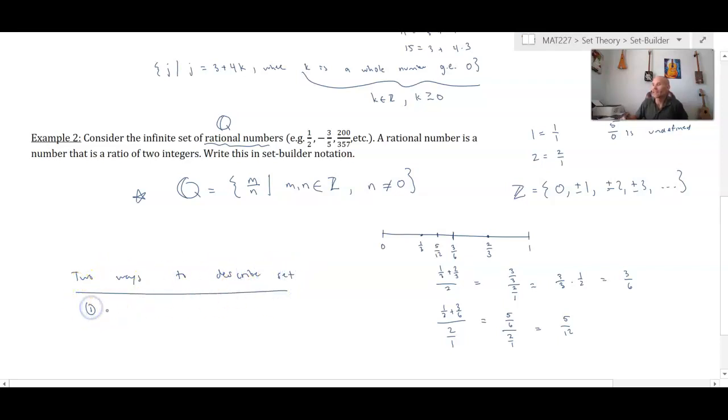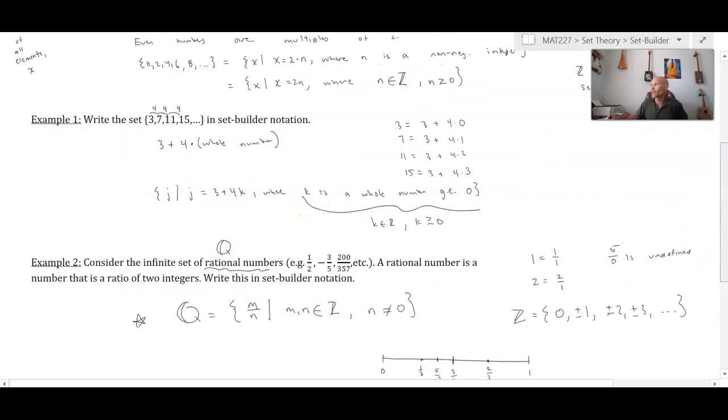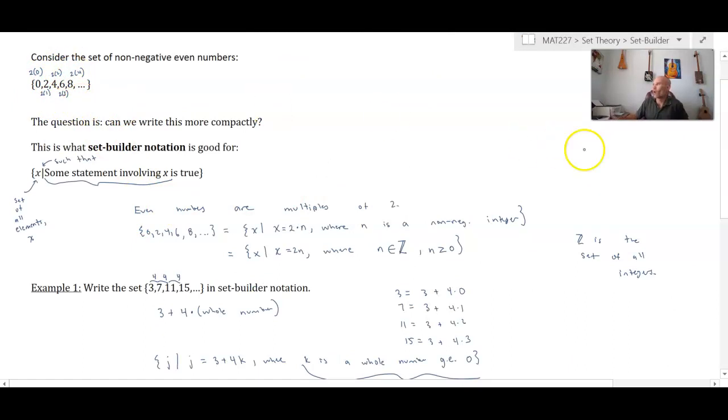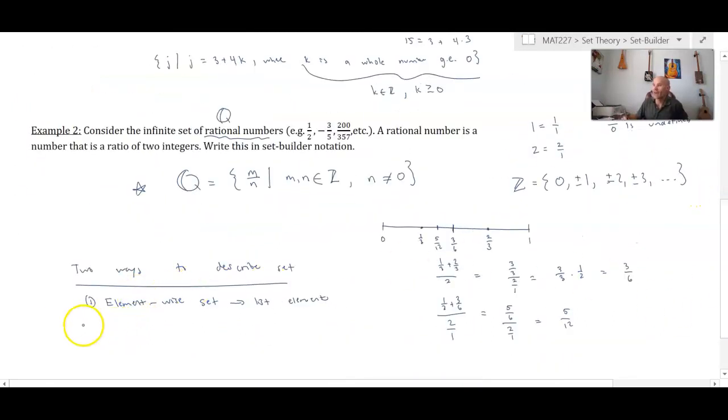One way is the element-wise set, where you list elements, like we did here. And then now we've just learned this new technique, which is the set builder notation. And this compacts the elements.